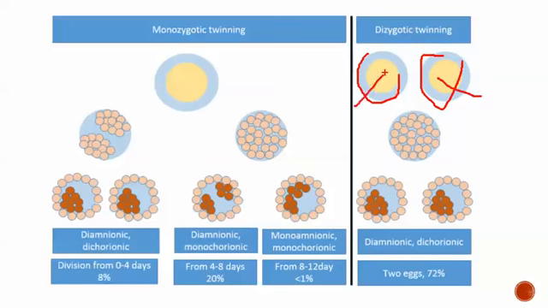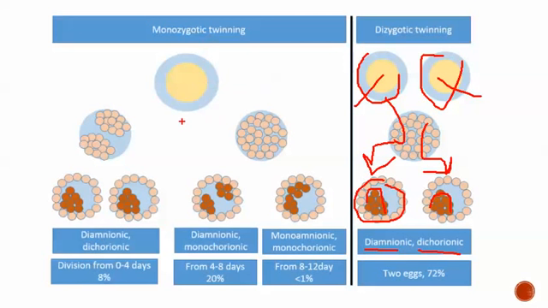They both get fertilized, they both become regular morulas, they both become blastocysts, and they both implant somewhere in the uterus. And so I think it's pretty clear to see that you're going to be diamnionic and dichorionic, right? You have two trophoblasts which will develop, and you have the amnion covering the inner cell mass, and so you have two of everything.